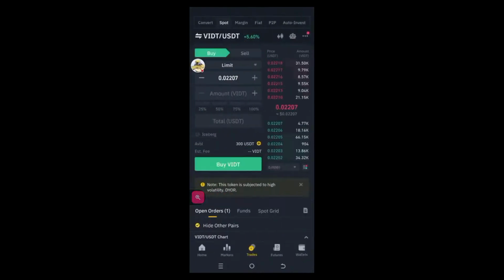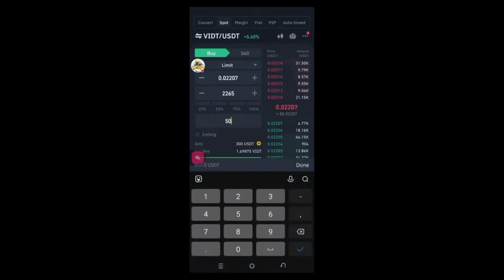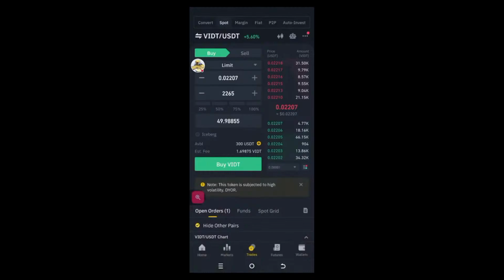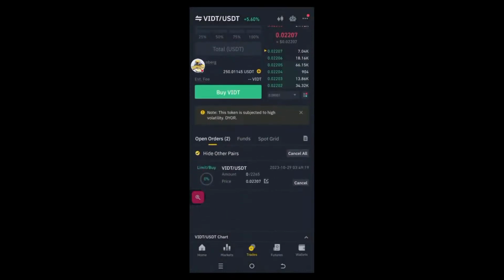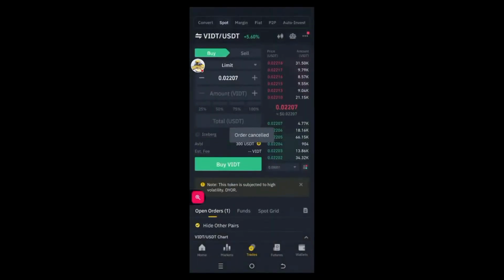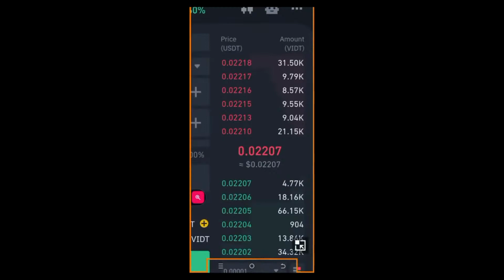Let's put in $50. Okay, let's see. It looks like it's in the queue, but I can cancel that. Okay, that means it wants me to buy at a higher price. 2210.